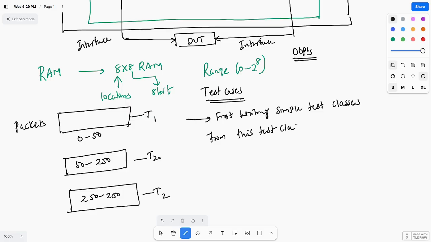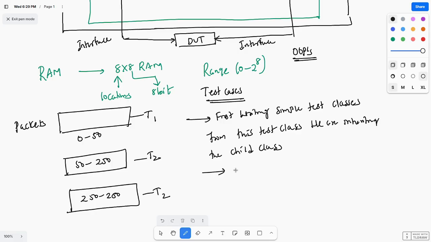From this test class, we are inheriting the child class. This concept is what we already saw in the OOPs concept, no?